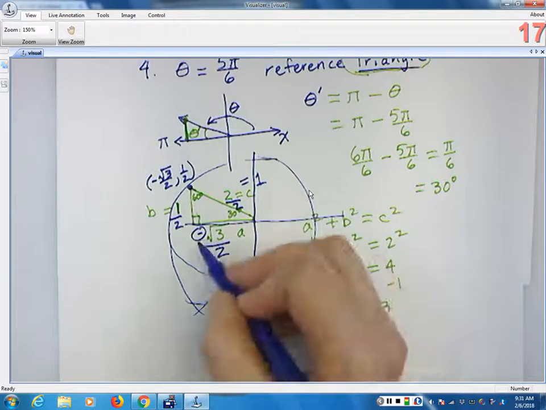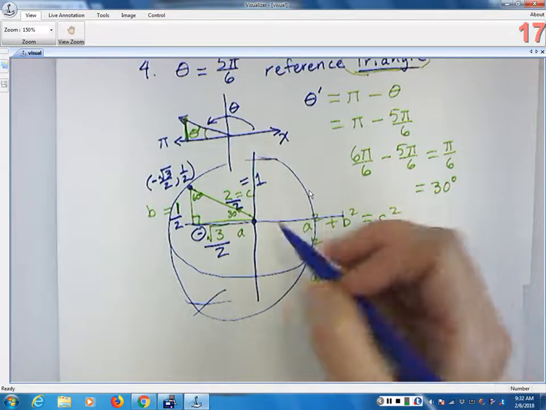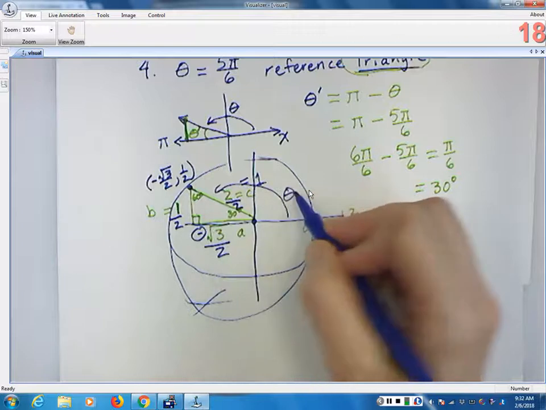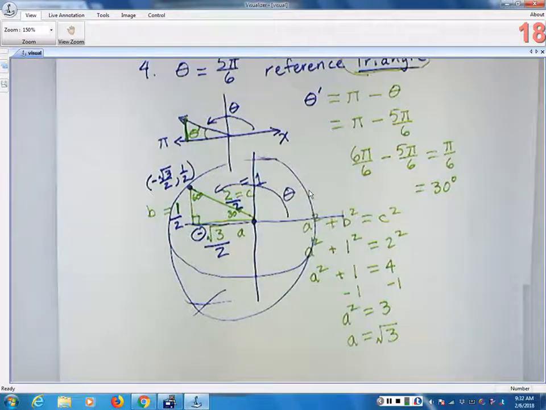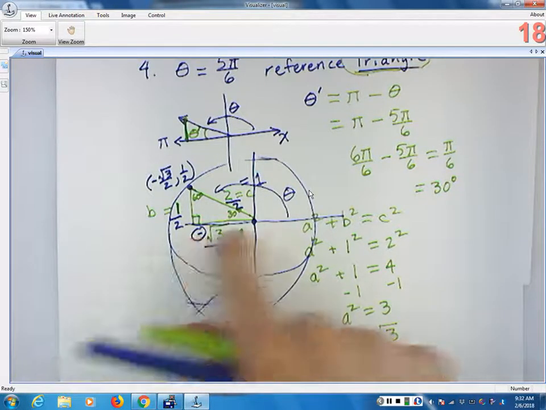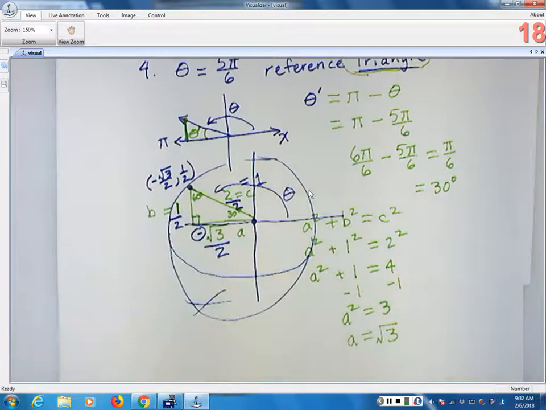So this is negative. This is the origin. So this is our theta. Now you can't read anything on this anymore. But you draw it in its quadrant. So because this side is negative, that's that point. Okay, so I have the actual answers.